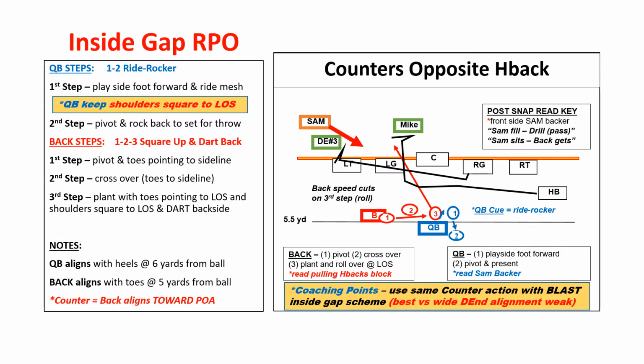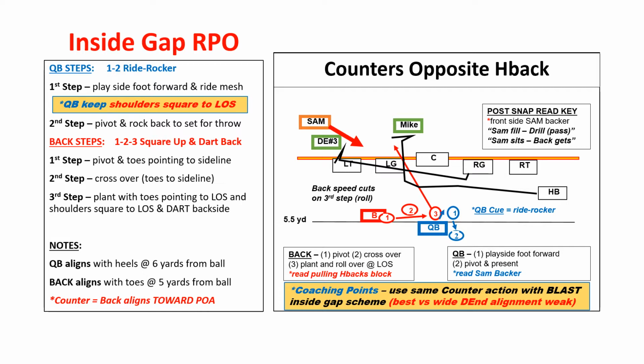Again, the quarterback uses a rocker step, and key point here, he steps with the foot opposite of where the back is coming from. So he's using his right foot in this diagram. The key is to keep his shoulders square as he's making his decision on his read. That way he can throw to either side and see either way.